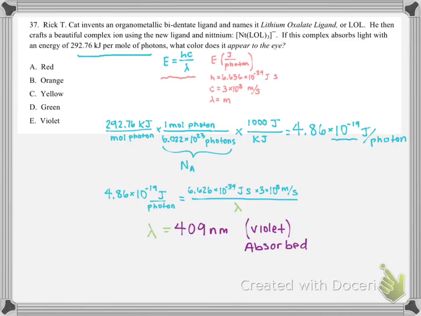And so on the color wheel, we'll look across, because that will give us the complementary color, or the color that we see if we remove all of the purple. And that color is yellow. So the answer here is C, because we see yellow.